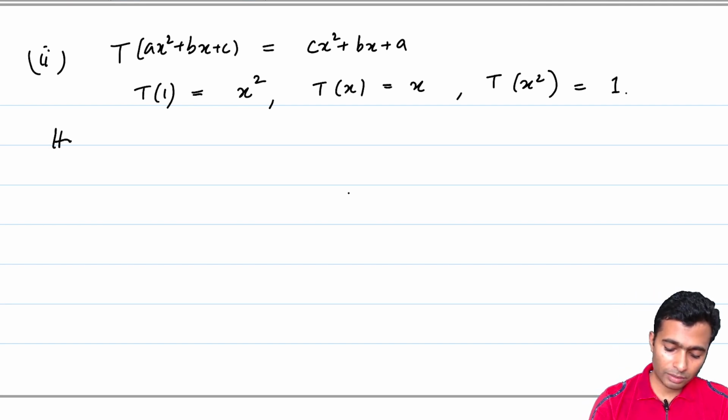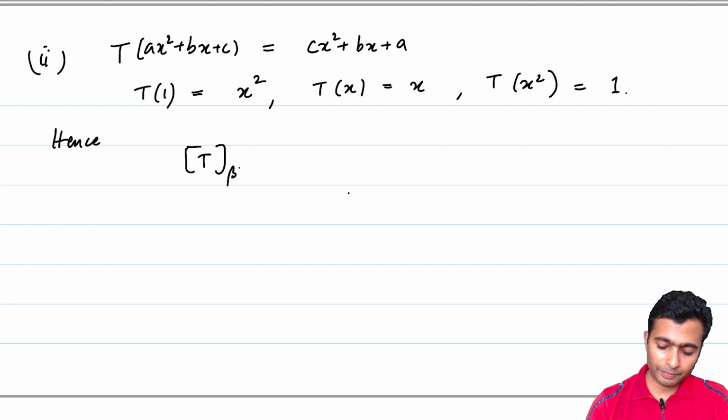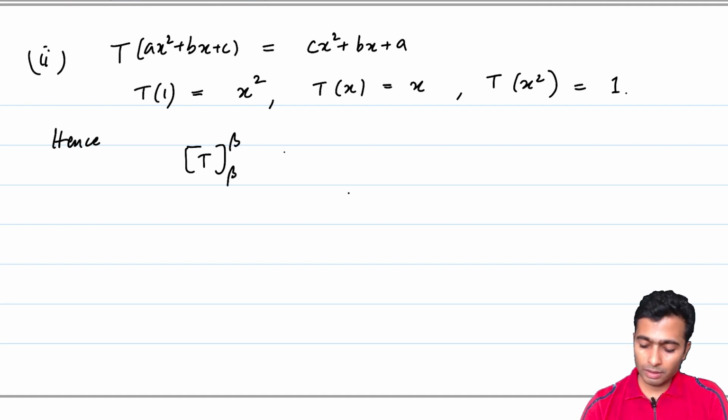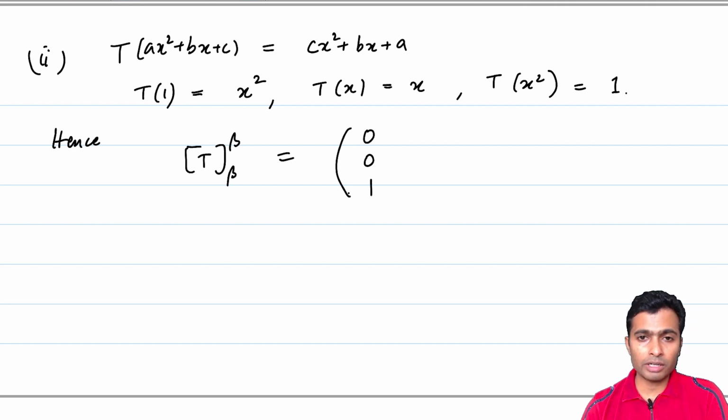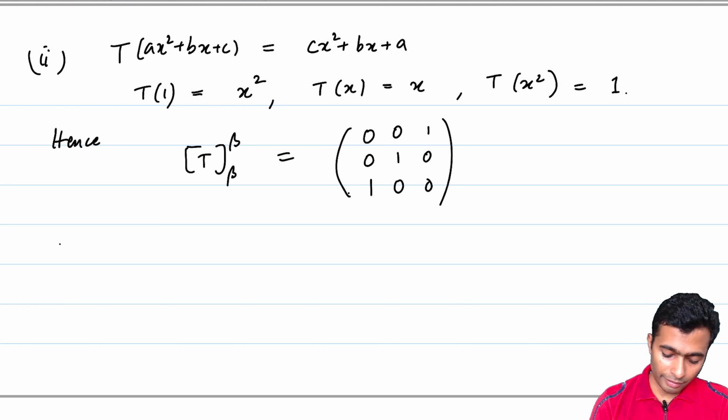So hence, what would be the matrix of T with respect to beta? That will just turn out to be equal to 0, 0, 1. T of 1 is 0 times 1 plus 0 times x plus 1 times x square. 0, 1, 0 in the case of T of x, and T of x square is 1, 0, 0. Well, that's good, because now we'll be able to look at the characteristic polynomial.